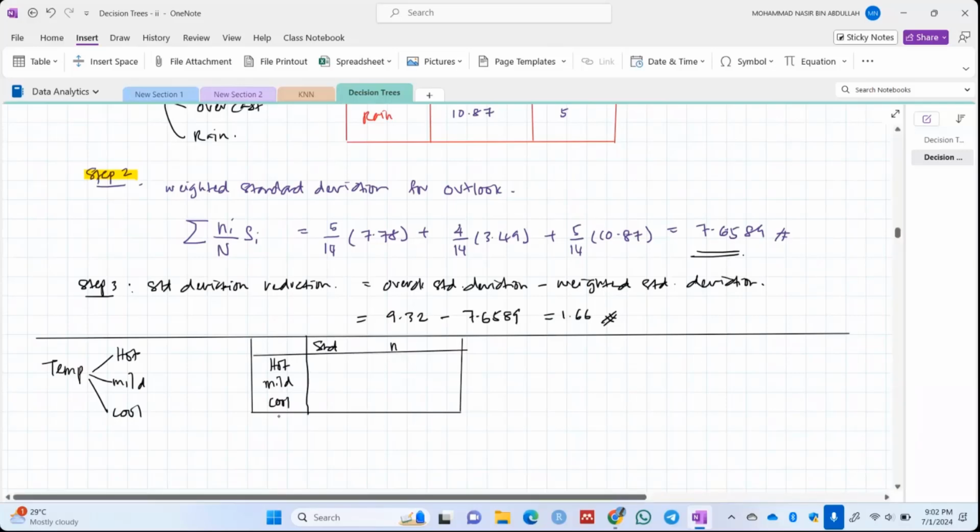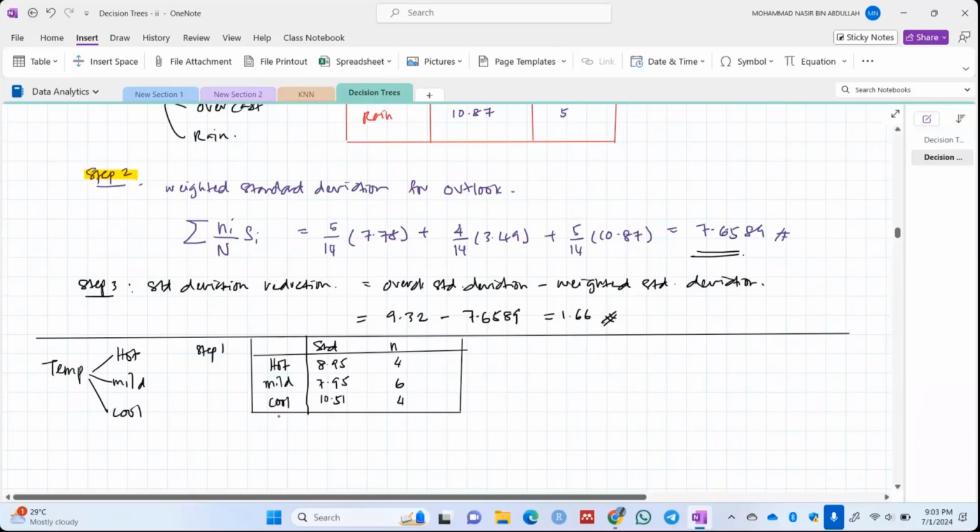So for hot, we have 8.95. Later you can calculate by yourself. We have 4 observation, 7.95 and 10.51. This standard deviation is calculated based on the population formula. All right. So next, we have the standard deviation for each category. Step 1.